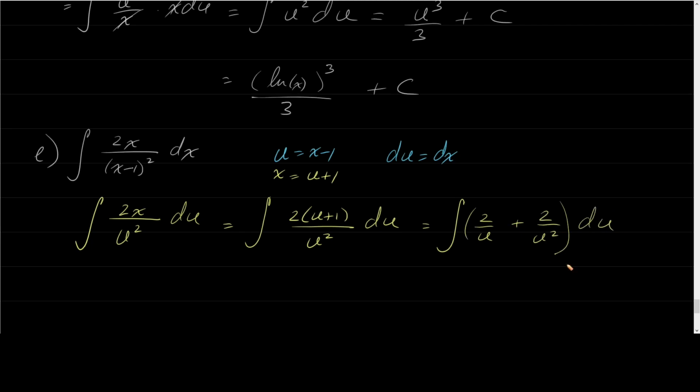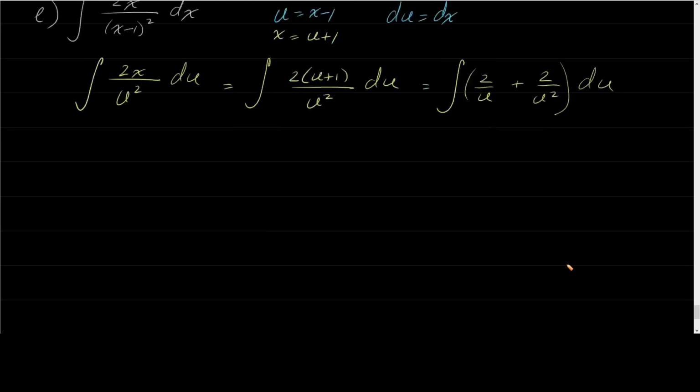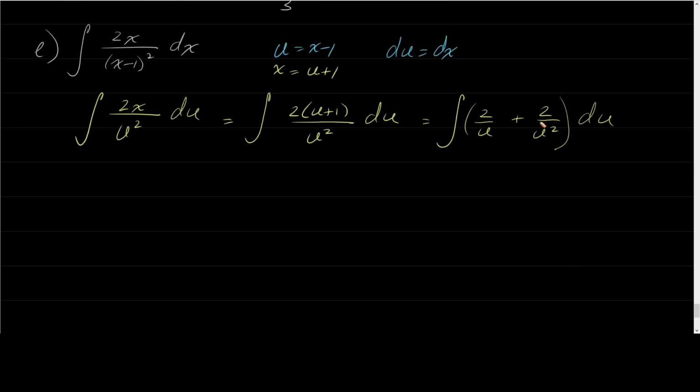Again, all I did there was apply rules of fractions. So in this first one, the integral of 2 over u, that's easy. So let's write this as two different integrals. I'm going to write it as 2 integral of 1 over u du plus 2 integral of u to the negative 2 du.